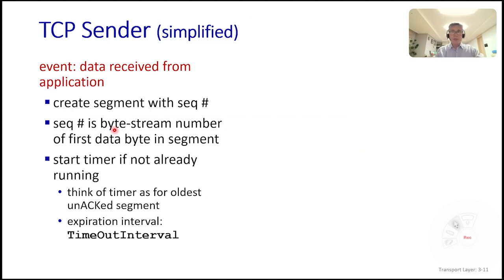Next, let's move on to the TCP sender. The first event is data received from the application. The application layer gives the data, which is called an event, and we create a TCP segment with a sequence number. The sequence number is the byte stream number of the first data byte in our segment.